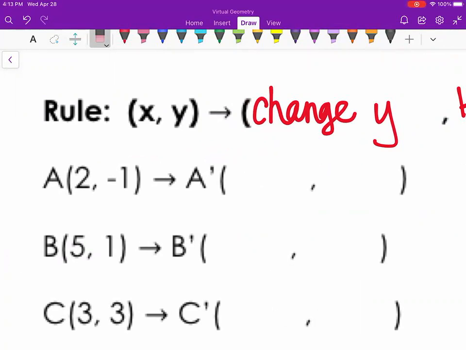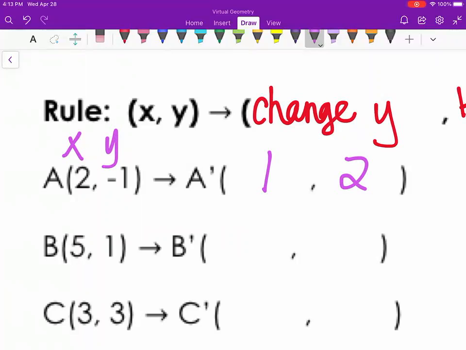All right, so for our first one, we have (2, -1). So we know x is my 2, y is the -1. So the rule says first, change the sign of y. So -1 becomes a +1. Keep the x exactly the way it looks, but put it last. So there's our first point, A prime.